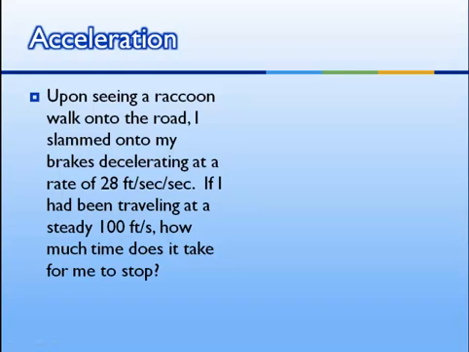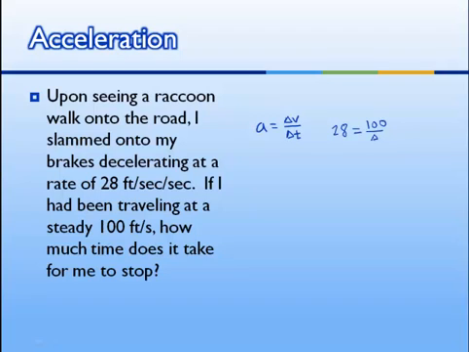Now we can calculate this directly if we use the formula. Acceleration is a change in velocity over a change in time. Our acceleration is 28 feet per second squared, and our change in velocity is 100. We had been going 100, and now we're going nothing.